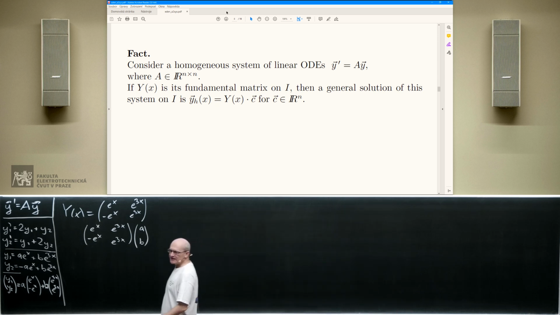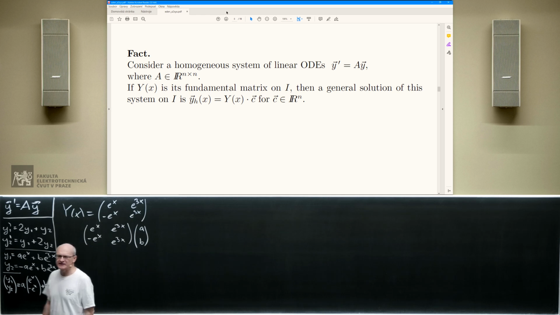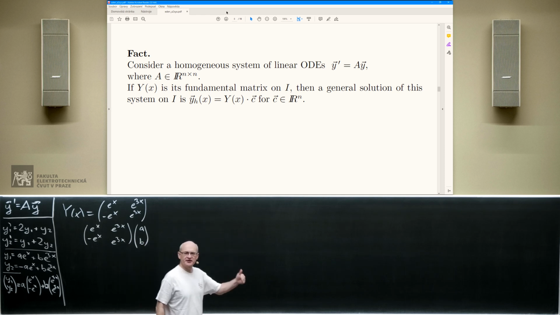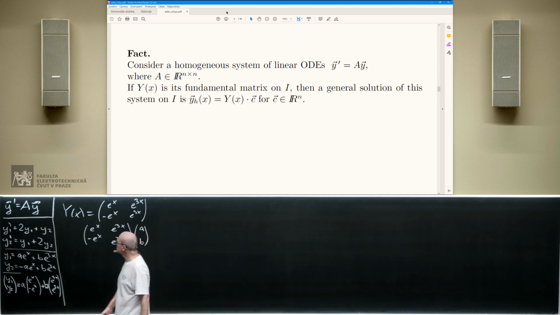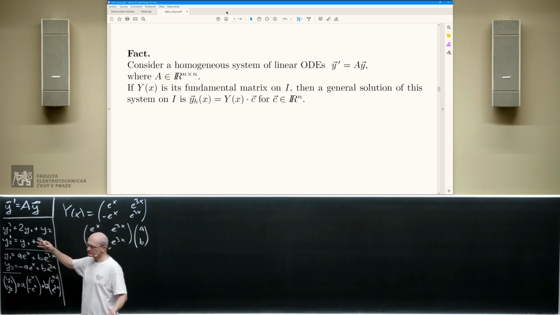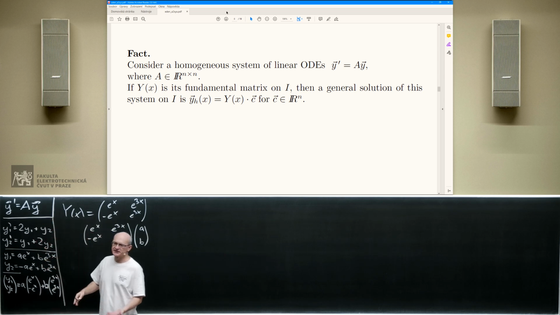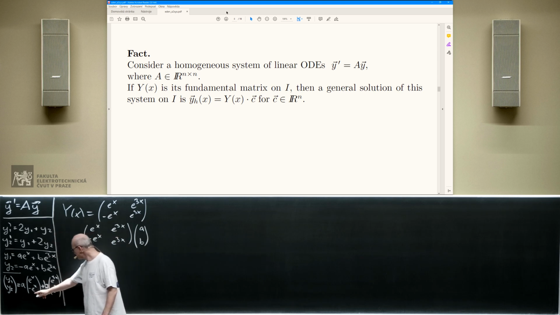Okay. Another useful feature of the fundamental matrix is that it, in a way, serves as a Wronski matrix for the linear differential equations of higher order. How does it work? We have a system. In some way, we find candidates for the solutions. We have enough of them. For a 2x2 system, we have 2 of them.